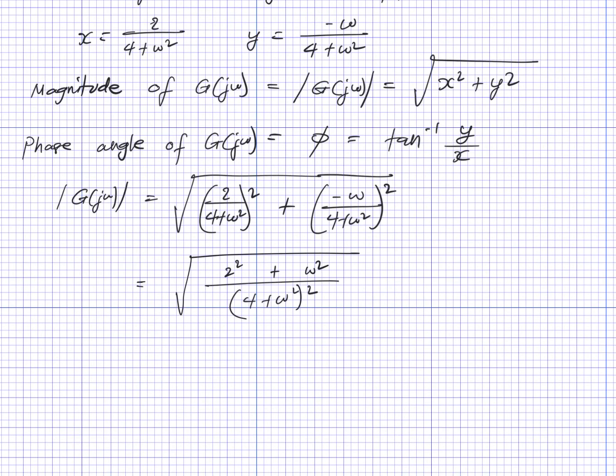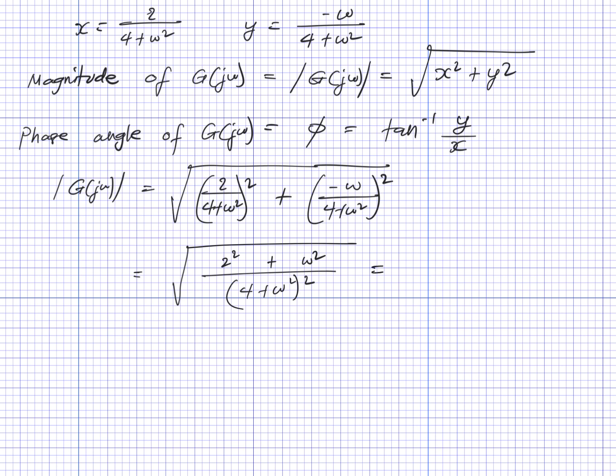So this could be simplified as the square root of 2 squared plus omega squared over 4 plus omega squared.